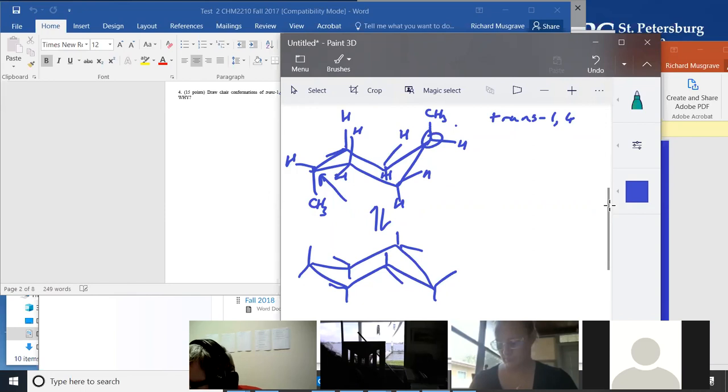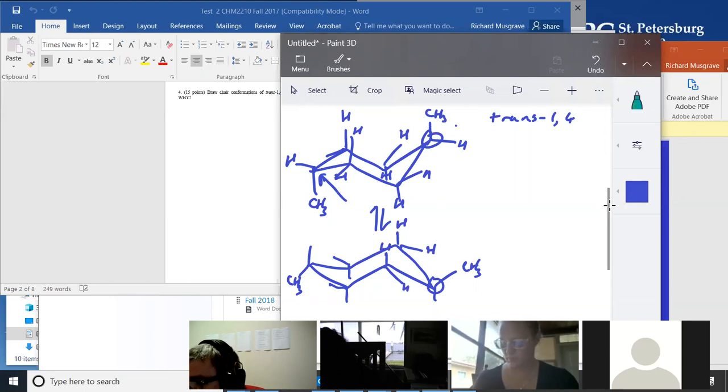And the one that's circled here, I'll circle down on the other one as well. And you can see it's moved down to be puckered downwards. The methyl group was axial, it's now equatorial down here on the second one. And the other methyl group is also equatorial. And then we stick in our hydrogens here.